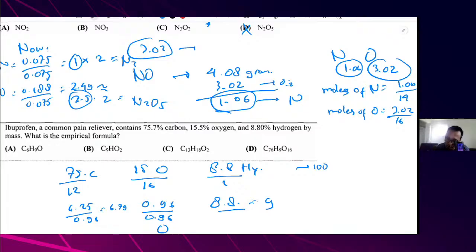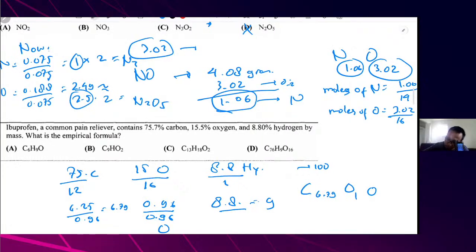So we already got the C, 6.9. O is 1. And then this one, sorry, hydrogen, it should be 9.